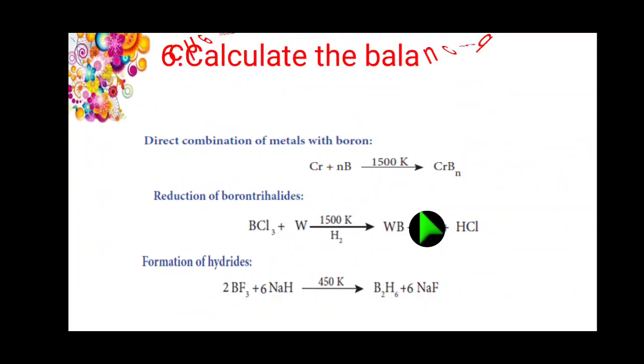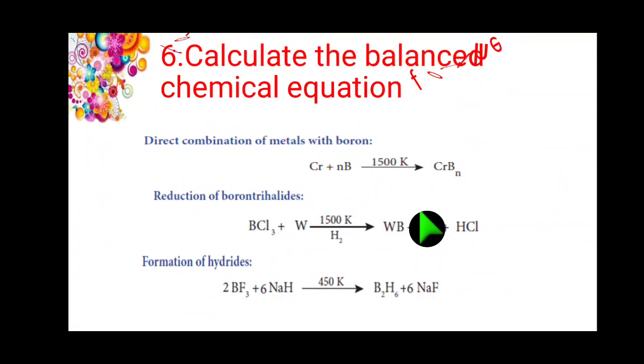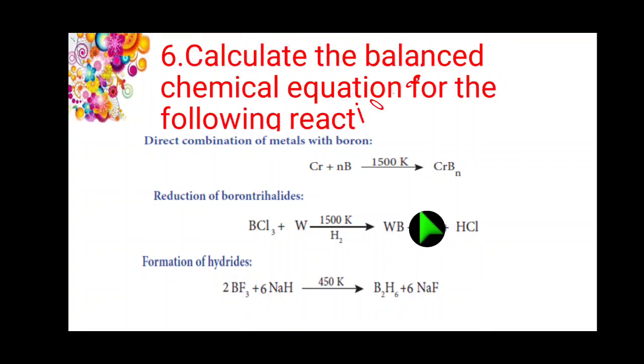Question number 6. Calculate the balanced chemical equation for the following reaction. Direct combination of metal with boron. Here, the chromium metal, a transition metal, makes a direct combination with n boron at 1500 Kelvin temperature.